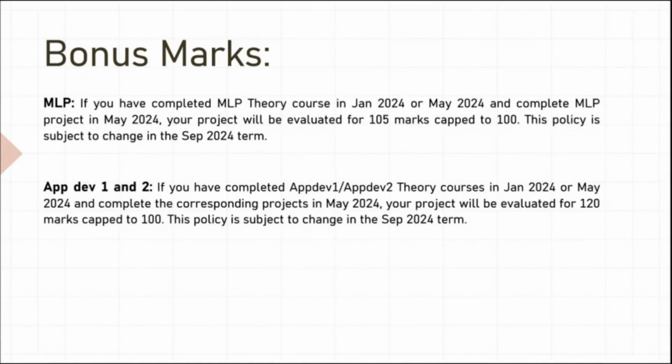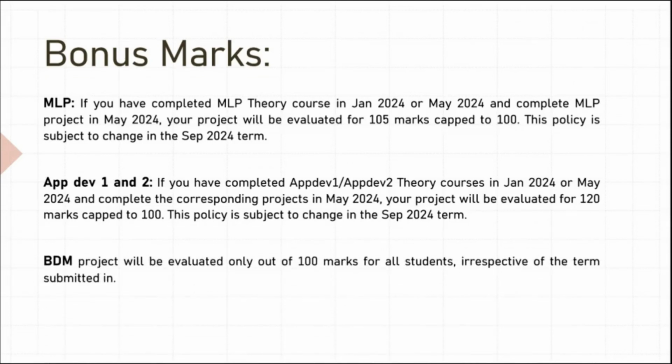Similarly, for App Dev 1 and 2 courses, under similar circumstances, your project will be evaluated for 120 marks, capped to 100. Again, this policy is also subject to change in the upcoming term. The BDM project, irrespective of when you do the BDM theory course, you'll be only marked out of 100.